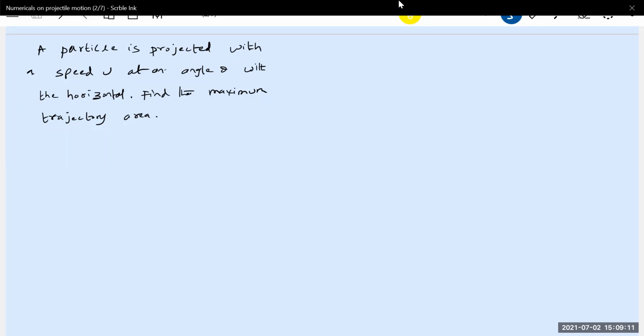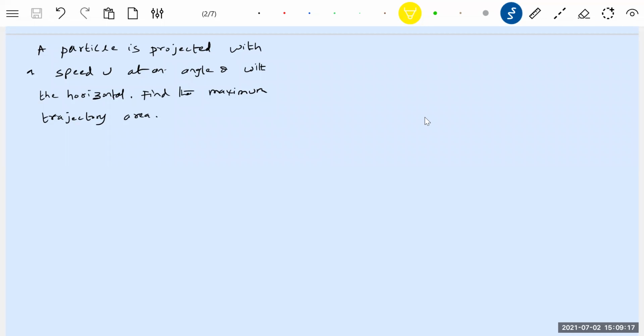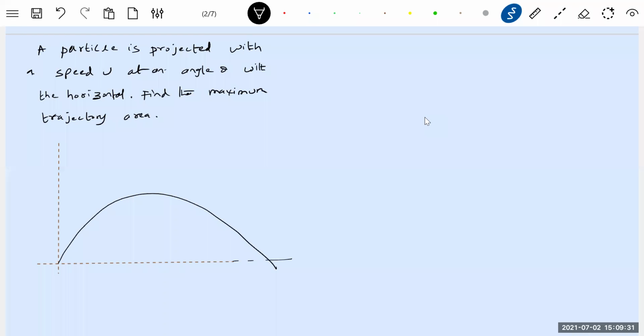Maximum trajectory area means, suppose you draw a projectile, I'll draw a trajectory. Let this be the trajectory here. This is the maximum area. So this area has to become maximum. This is something very important.